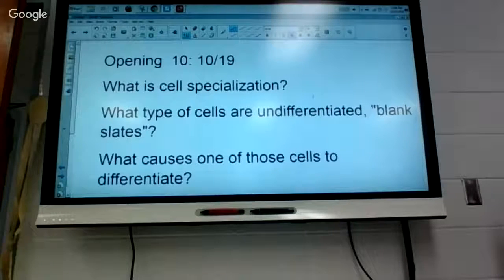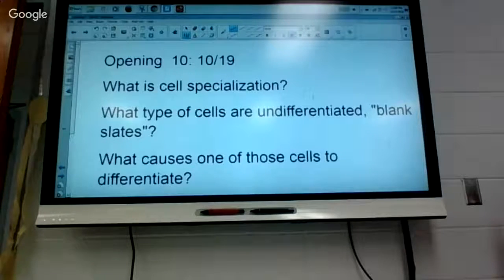Okay, how about the last one? What causes one of those cells to start becoming a new type of cell? Okay, so there's something that stimulates something to turn on. It could be a transcription factor, or an external cue. But what has to happen to the DNA that causes that cell all of a sudden to start to become something new?